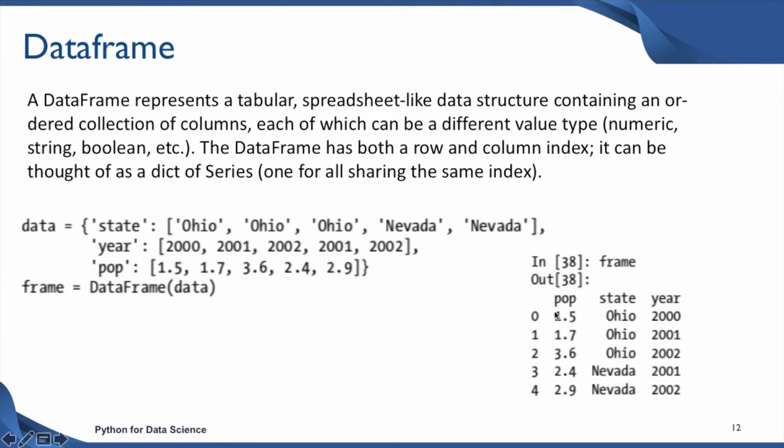We have to keep in mind that all the entries would be the same in number. In state 5 entries are there, in year also 5 entries, in population also 5 entries. And the class is pd.DataFrame.